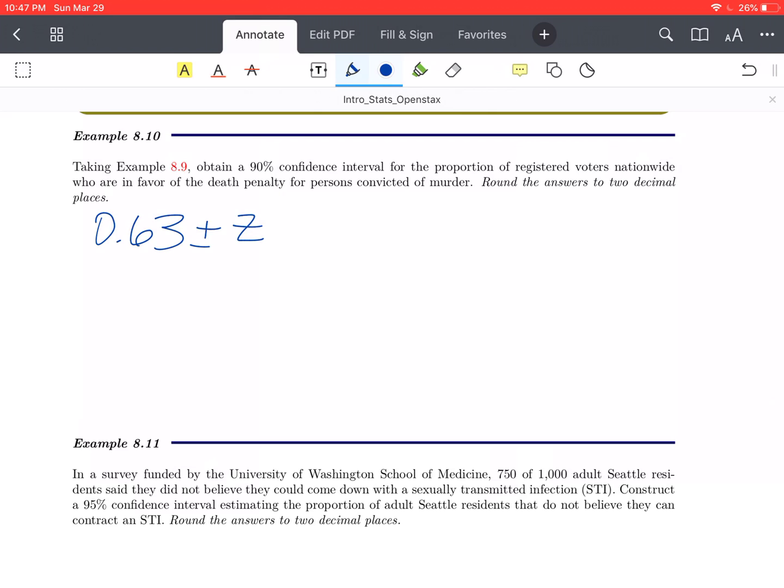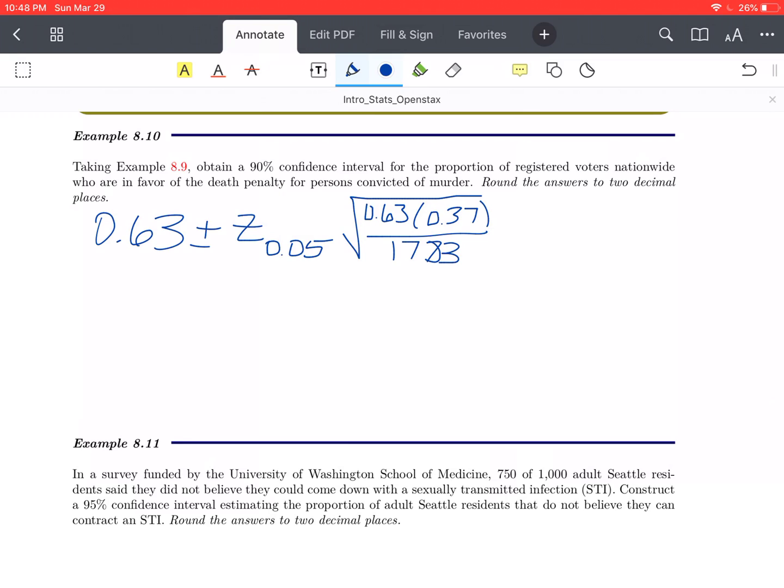So alpha over 2 is 0.05, right, 5%, times square root of p hat, which is 0.63, times 1 minus p hat, so that's going to be 0.37, over n, which is 1,783.